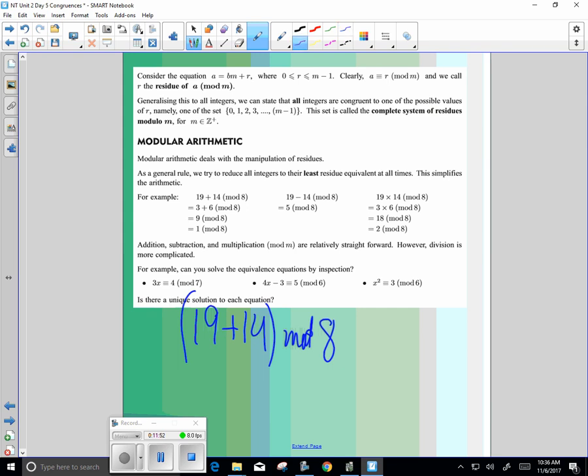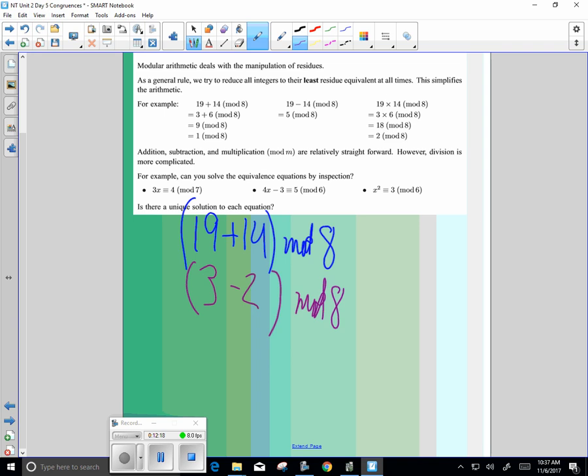So we can play around with these residuals and say this 19 really is the same as 3 mod 8. And what's 14 mod 8? Yeah, you could say 6. Or you could even say minus 2 if you wanted. And so, mod 8 speaking, 3 minus 2 is the same as 1 mod 8.